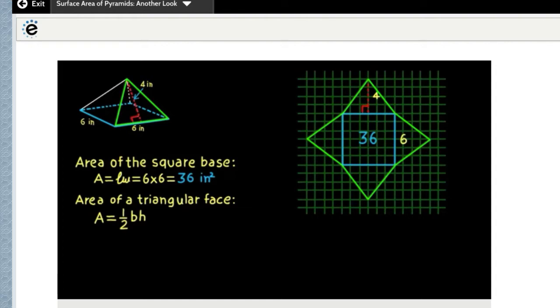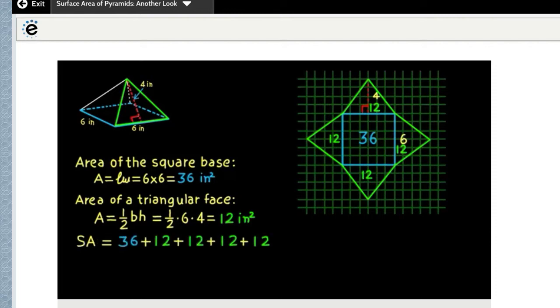So, we calculate 1/2 of 6 times 4, which means each triangle has an area of 12 square inches. Now all we have to do is add the areas to find the surface area. And we find that the surface area is equal to 84 square inches.